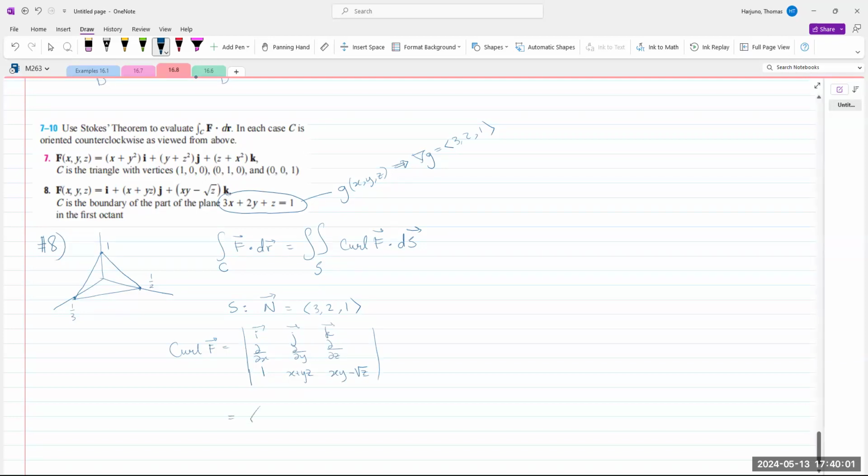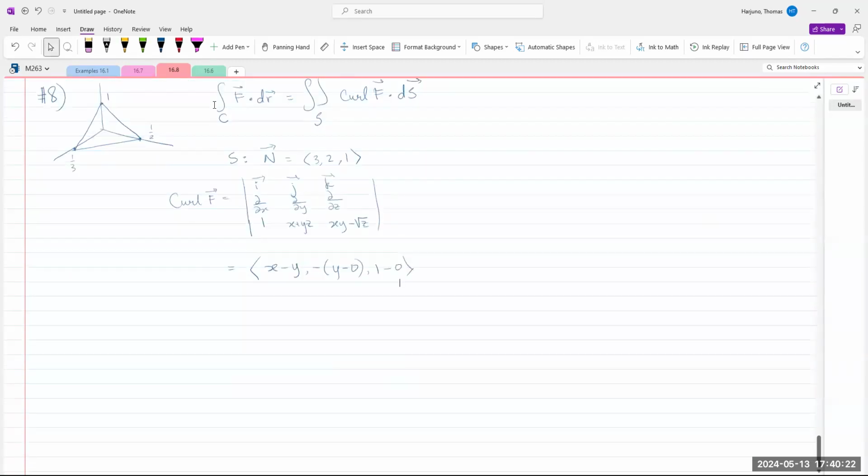That is x minus y for the x component, minus (y minus 0), and then 1 minus 0. So the curl of F will be (x minus y, negative y, 1).